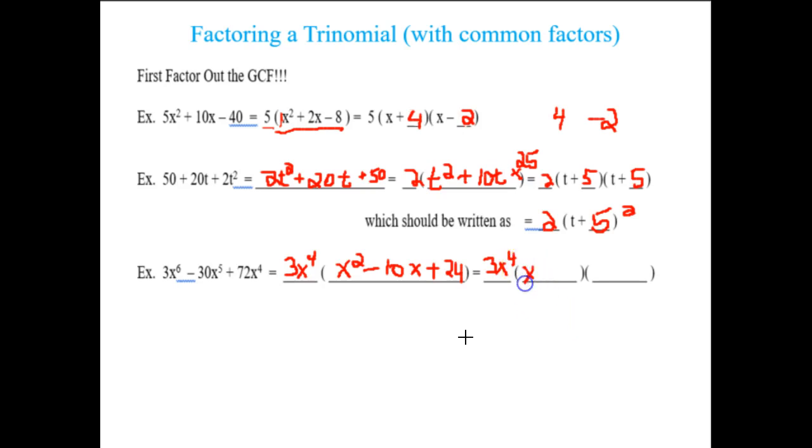Well, it would be negative 4 and negative 6, wouldn't it? Because they multiply to give you 24, but they add up to negative 10. So then the binomials would be x minus 4 and then x minus 6. All right. So that's the complete factoring for this problem.